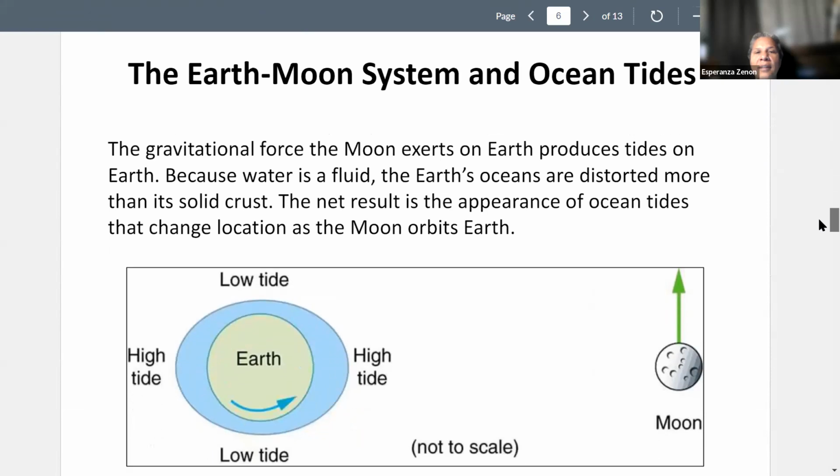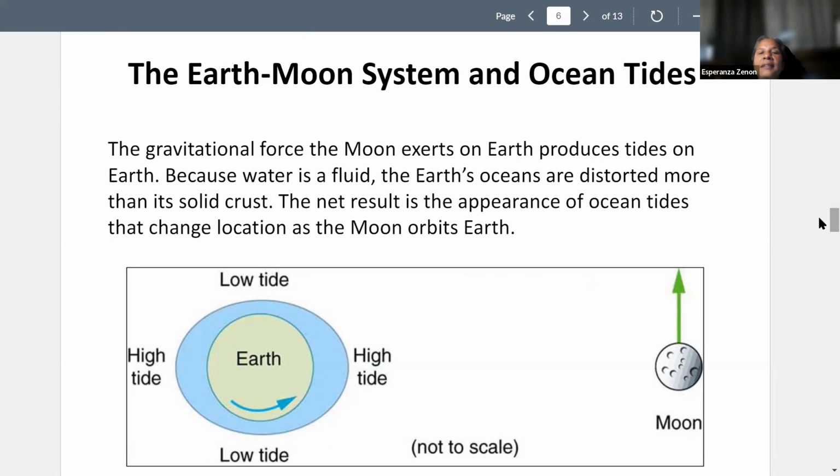And we know that this gravitational force between the Earth and the moon, for example, is what creates high tides and low tides, right? I mean, the moon pulls on the water on the Earth, and that creates the change in the tides.